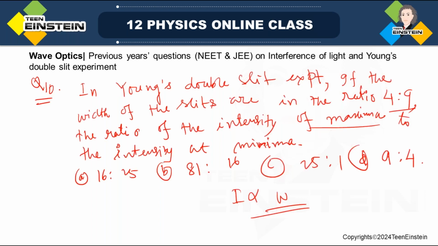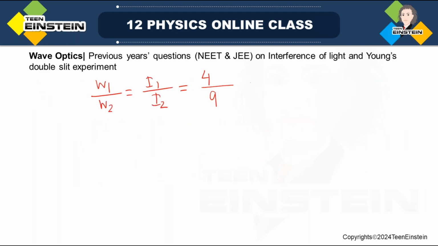So the question is we have to find out the intensity ratio of the maximum and minimum. So let us just multiply this.